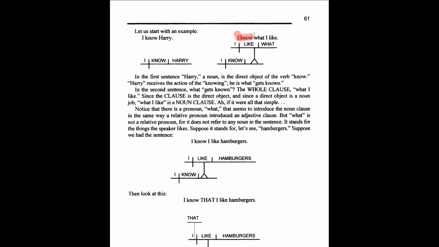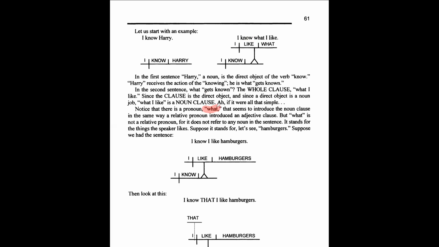The other trick, okay, most of the time this is going to work. We're going to see in a second when it doesn't, but most of the time, you see that subordinating conjunction, you know it's an adverb clause. You see that relative pronoun, most of the time, you know it's going to be an adjective clause. So memorize those relative pronouns. Now, notice that there is a pronoun, what. That seems to introduce the noun clause in the way a relative pronoun introduced an adjective clause.